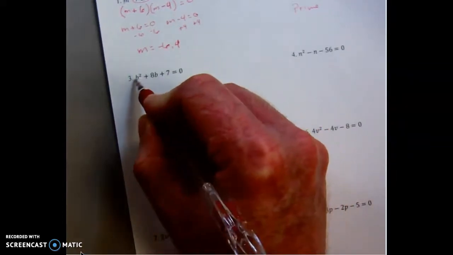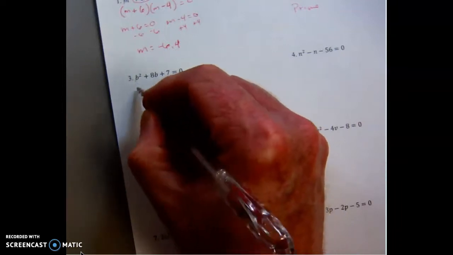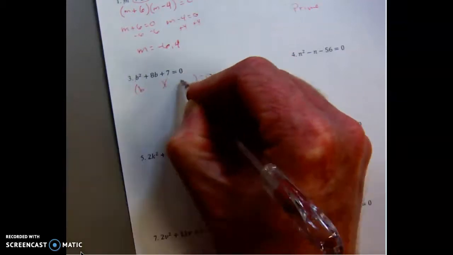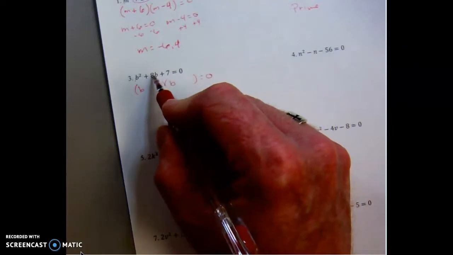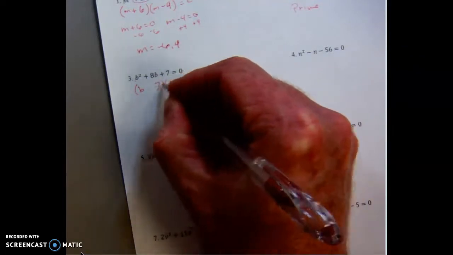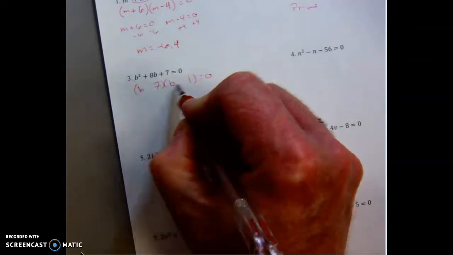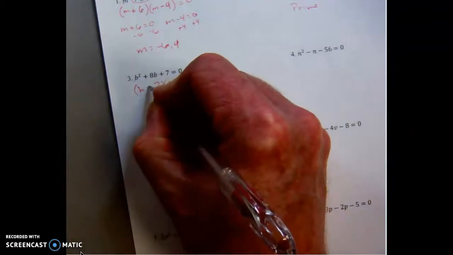Again, my a value, my number in front of the squared term, is 1. So I'm just going to go after factoring this. So b and b, factors of 7 that add up to 8. So that must be 7 and 1. Now that 7 and 1 have to give me a positive 8 when they're together, so they must both be pluses.